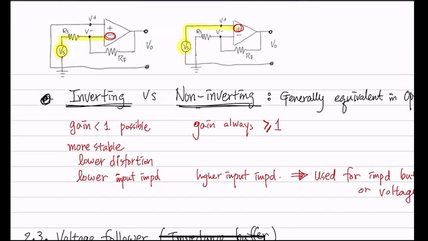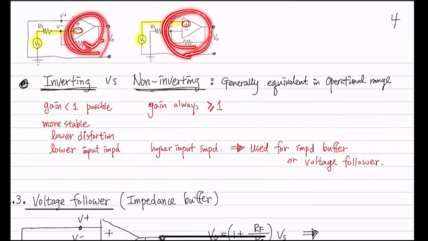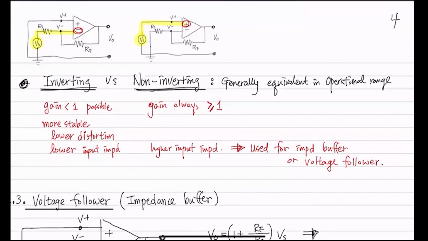And generally speaking, these two have almost the same stability. For example, in our lab, for inverting, non-inverting, you're going to have a beautiful signal coming out. However, in case you are hitting the limit of an op-amp, right now we're just doing everything ideal, so it's just math. But if you really use an actual op-amp, it may have some limitations, like a physical limit, right?